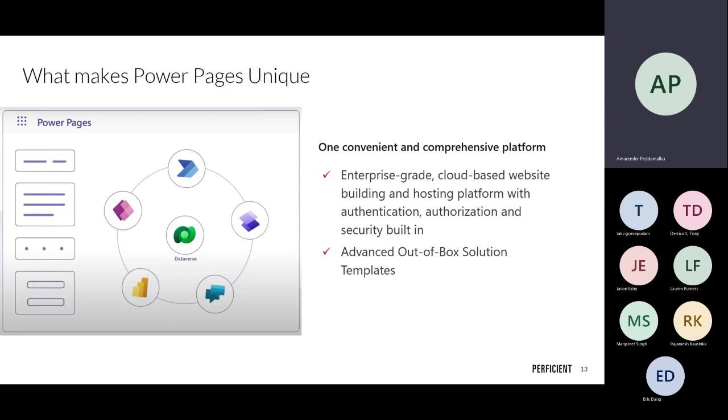So your homepage could be a public-facing page, and you can have multiple other pages which you want to lock down to only authenticated users. So you can have a mix of both, public-facing pages and authenticated pages which are only visible to authenticated users. And there are tons of out-of-the-box templates to choose from in Power Pages. And it's a really low-cost enterprise platform, which gives you the ability to build a website from scratch in no time.